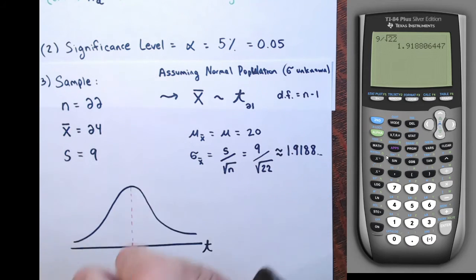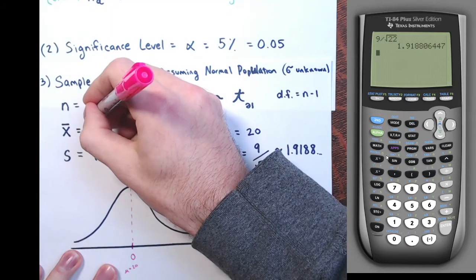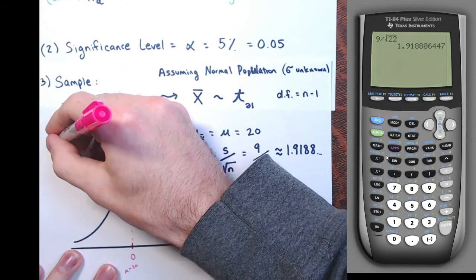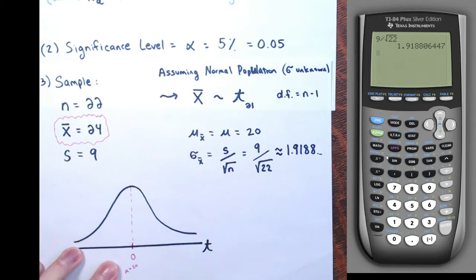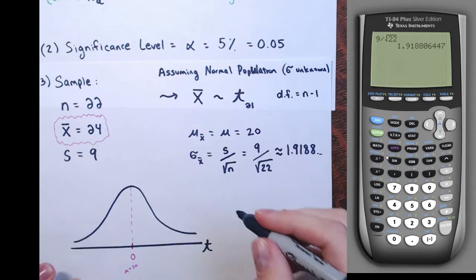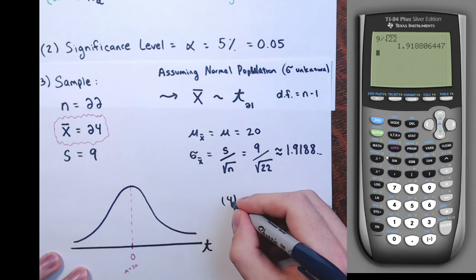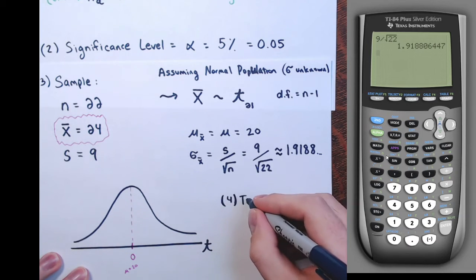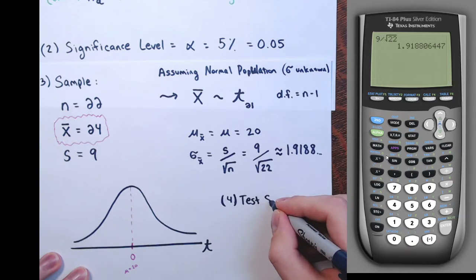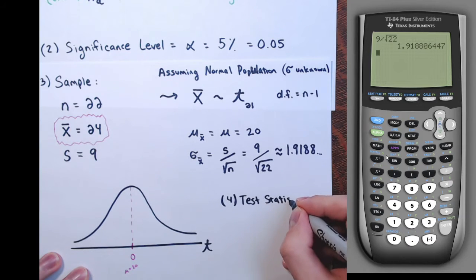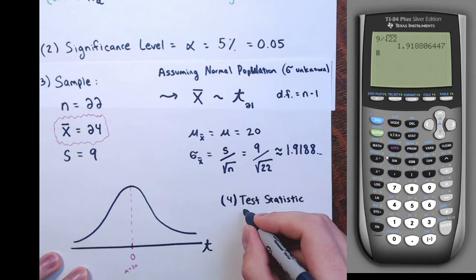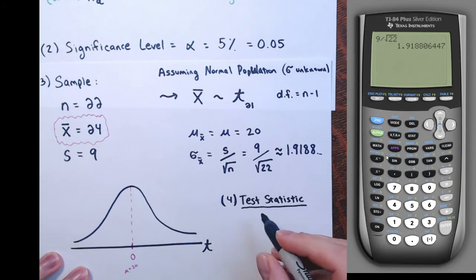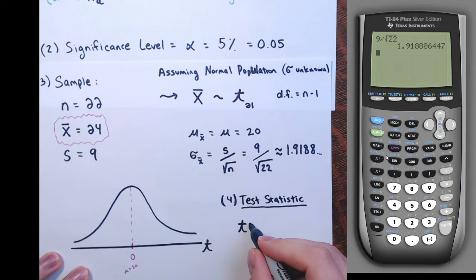Where does our mean come in? Our sample mean is 24. So this is where the test statistic comes in, and I guess this is step 4. Right? That's calculating the test statistic. In this case, it's the t-score, right? Not z-score.